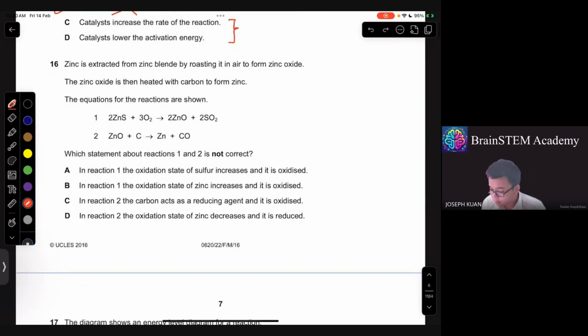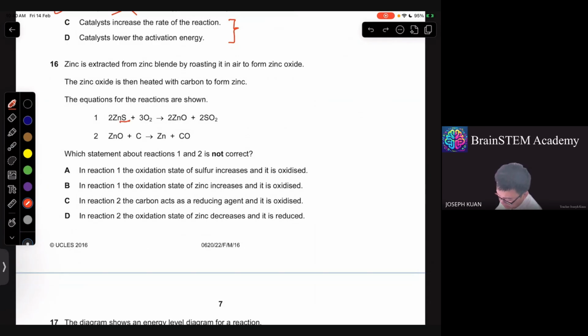Question 16. Zinc is extracted from zinc blende by roasting it in air to form zinc oxide. The zinc oxide is then heated with carbon to form zinc. Which statement about the reactions in 1 and 2 is not correct? Let's check one by one.